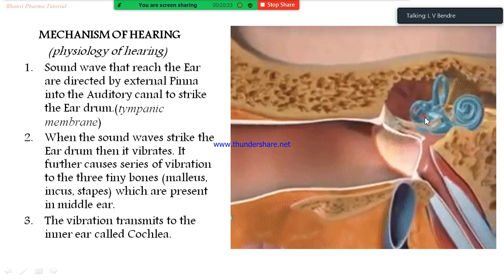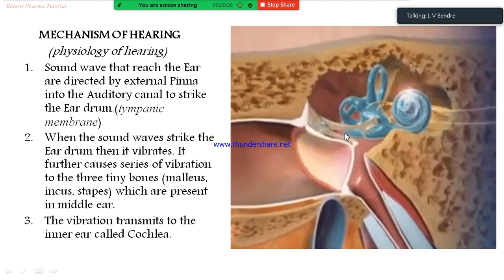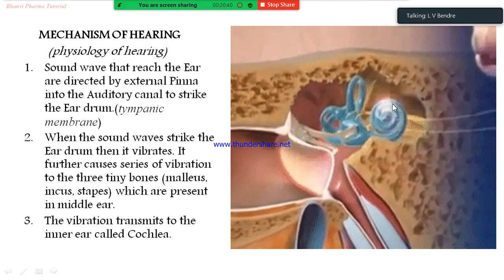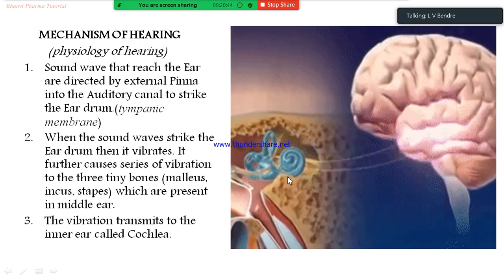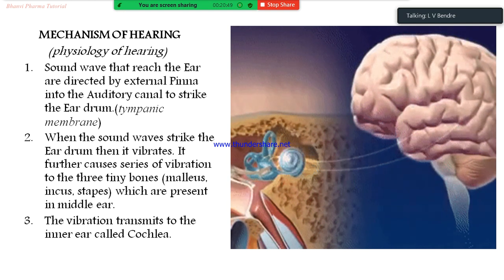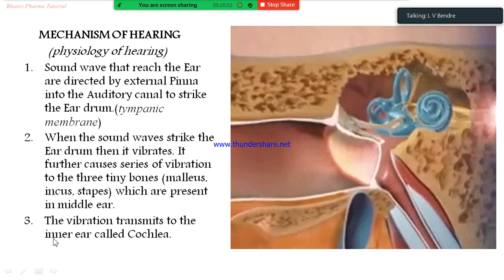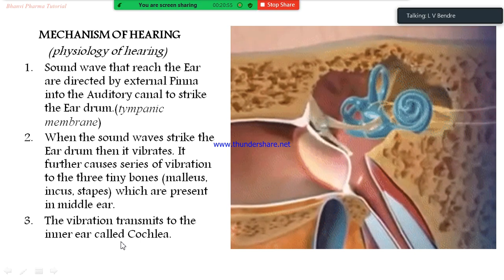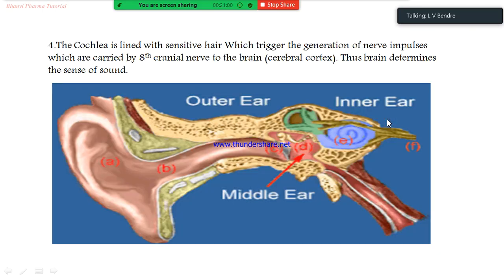This is the inner ear, where the sound waves are converted into electrical signals. The inner ear is called the cochlea, which is lined with sensitive hair cells.